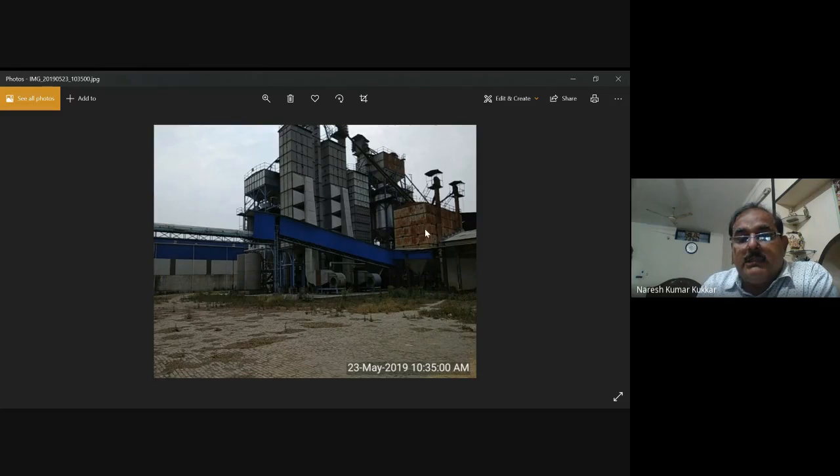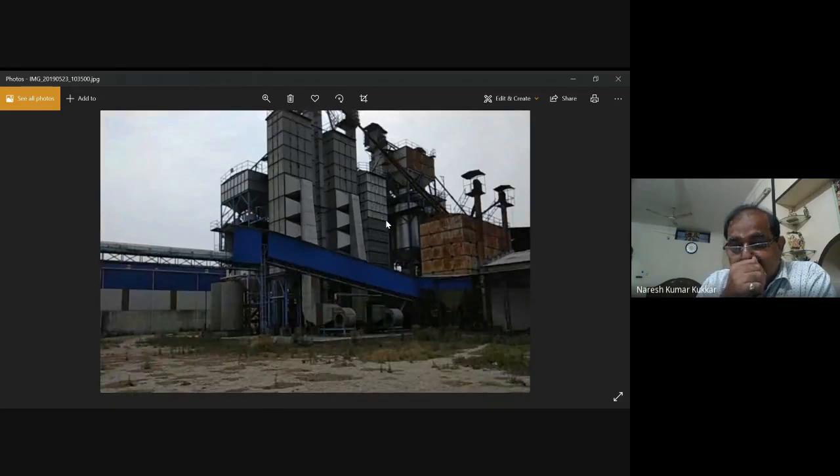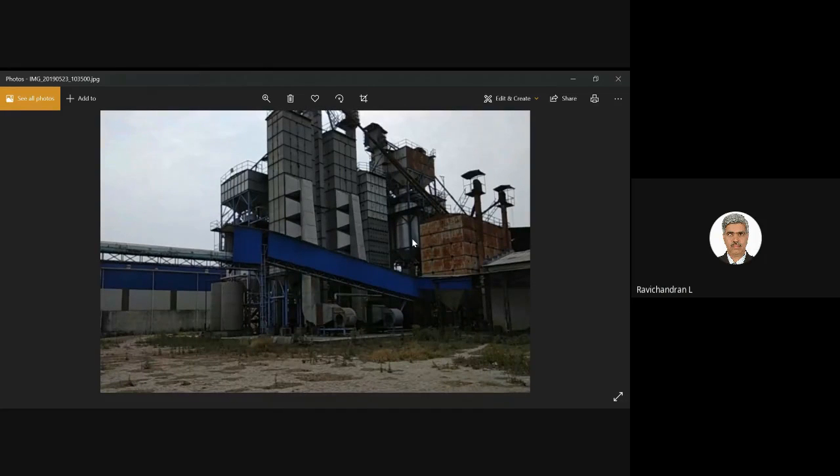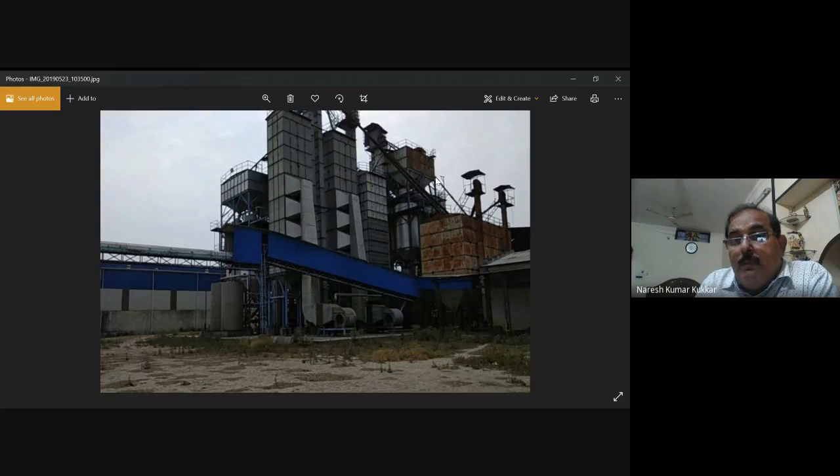This is a storage tank, and here you see some round tanks. Is the round tank visible? Yes. Now paddy comes from this storage tank to this round tank, where steam is added, and then the paddy is soaked.